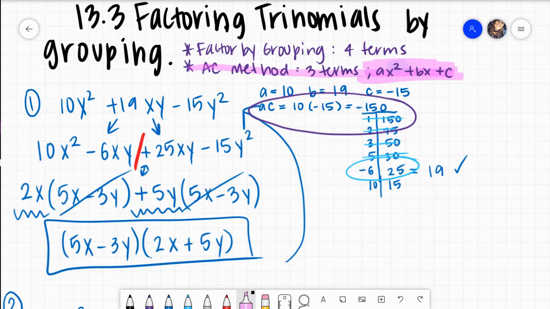And the fact that it's in degree 2, that trinomial has a degree of 2, is what allows us to actually be able to use the AC method.